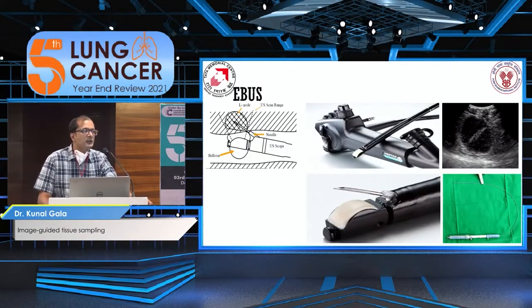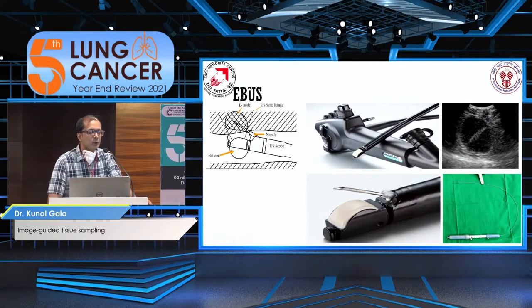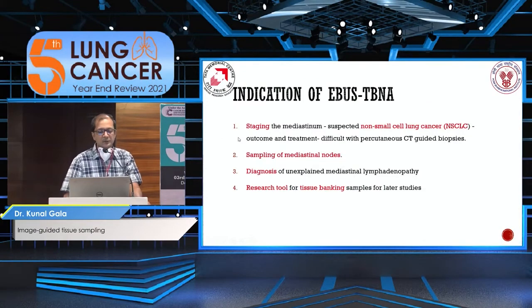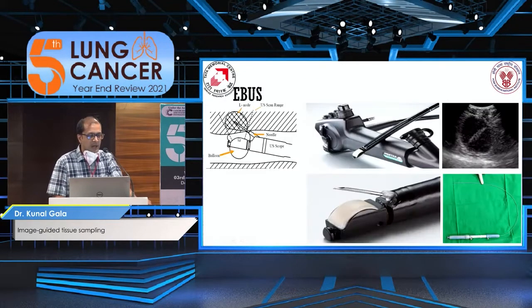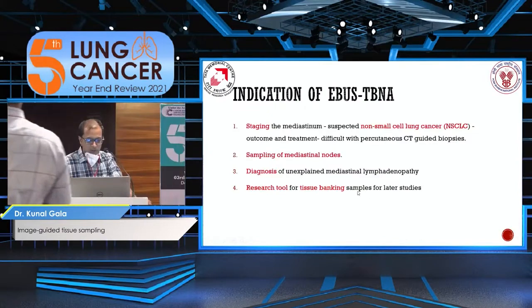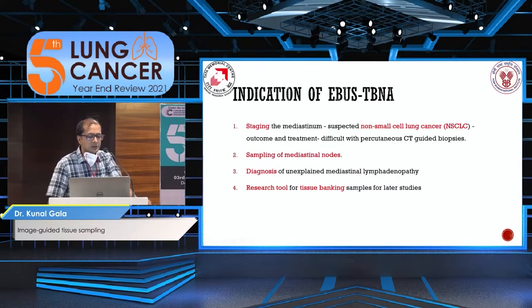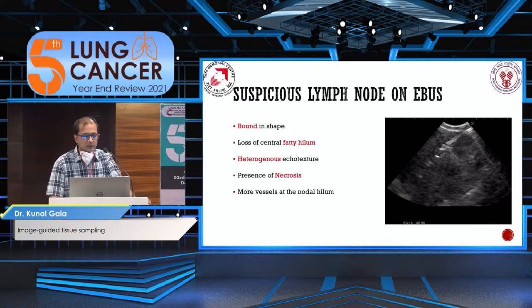to stage and do a guided biopsy, that is endobronchial ultrasound guided. So endobronchial ultrasound is the scope which has a side hole in it, where you can take multiple biopsies through the side hole, and this is the EBUS scope, and you can do multiple needle passes. So indications of EBUS are small cell carcinoma, non-small cell lung cancer, sampling of the lymph nodes, diagnosis of unexplained mediastinal lymph nodes, and a research tool for tissue banking.